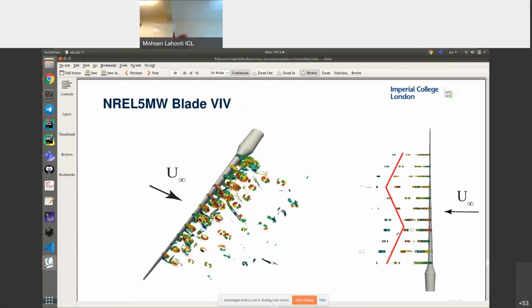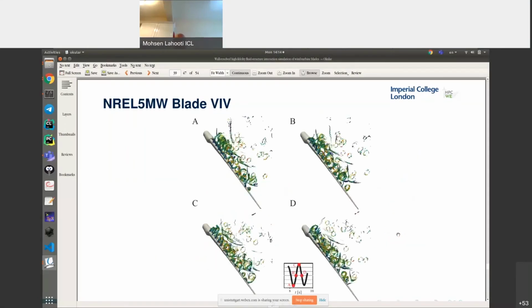The traveling of the vortices over the blade shows that the vibration of the blade could be related to three factors: both the inline motion and edgewise motion of the blade, as well as the chord size that changes over the blade from the root to tip.